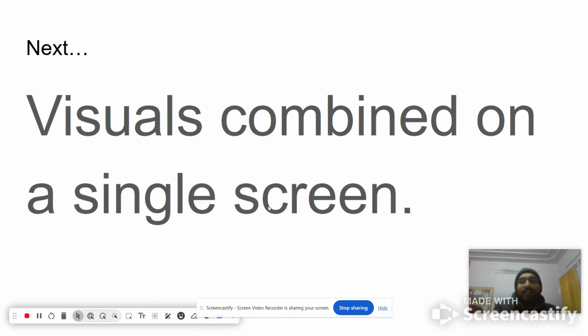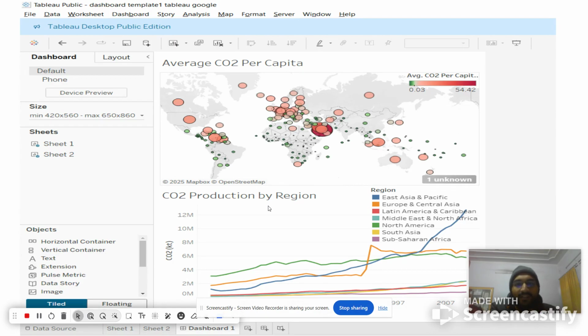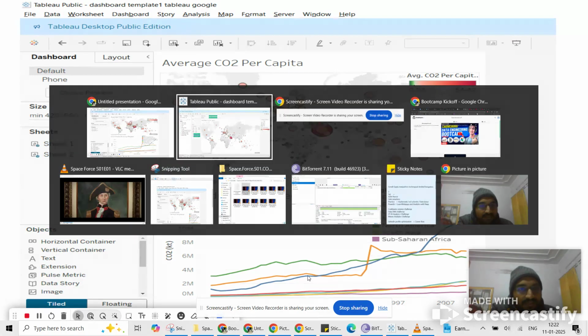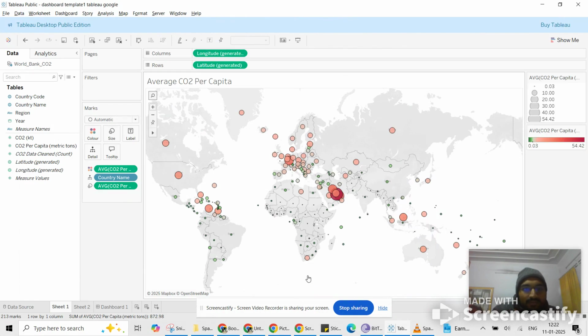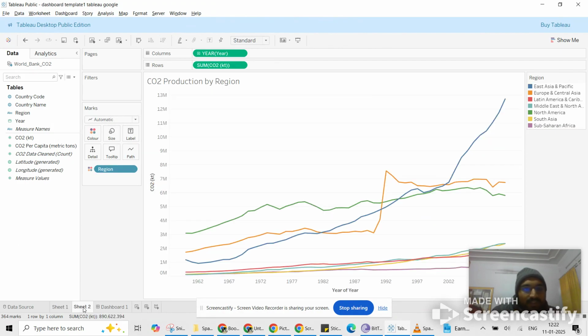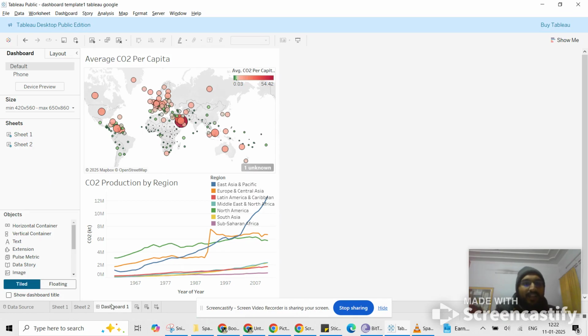Now in Tableau you can combine the two charts that we saw previously, and you can see that it beautifully creates these two charts here. In Tableau, you can see that I have sheet 1, then sheet 2, and when combined in the dashboard, you can see the average carbon dioxide per capita and the carbon dioxide production by region.